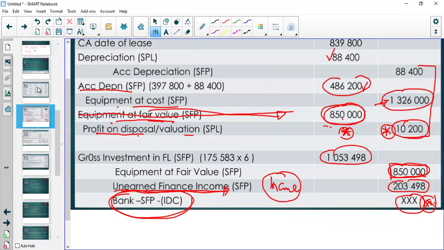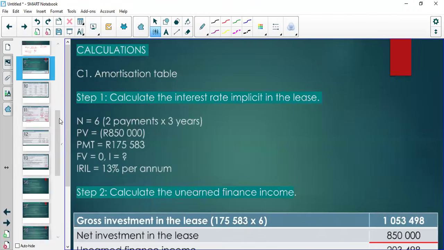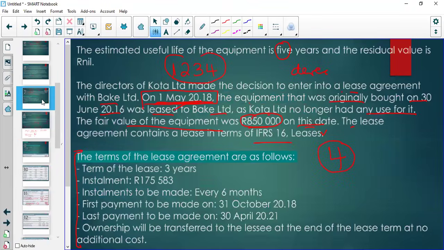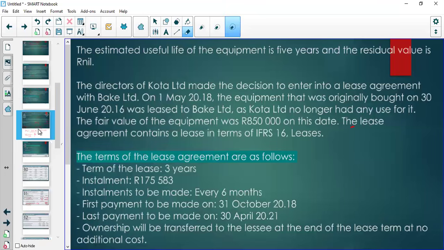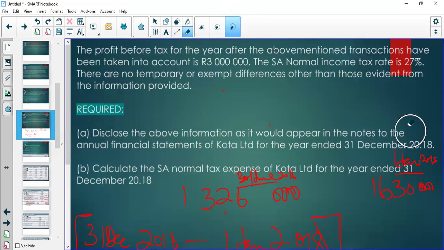Then, so I'm going to take you through something here. So now we need to calculate, so just a quick reminder. All right.